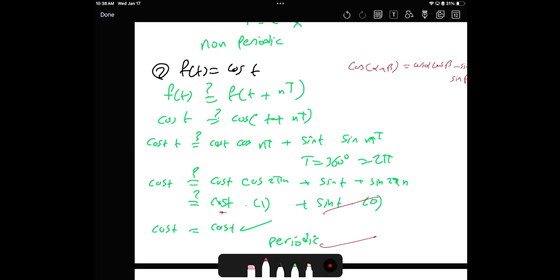So this is constant. But you can choose whatever n you want. Here I choose n as 0, therefore it's cosine of 0, sine of 0. You can choose it as negative 1, so it will be cosine of negative 360, something like that. You can choose any n you want, but not t. T here is fixed, 360.